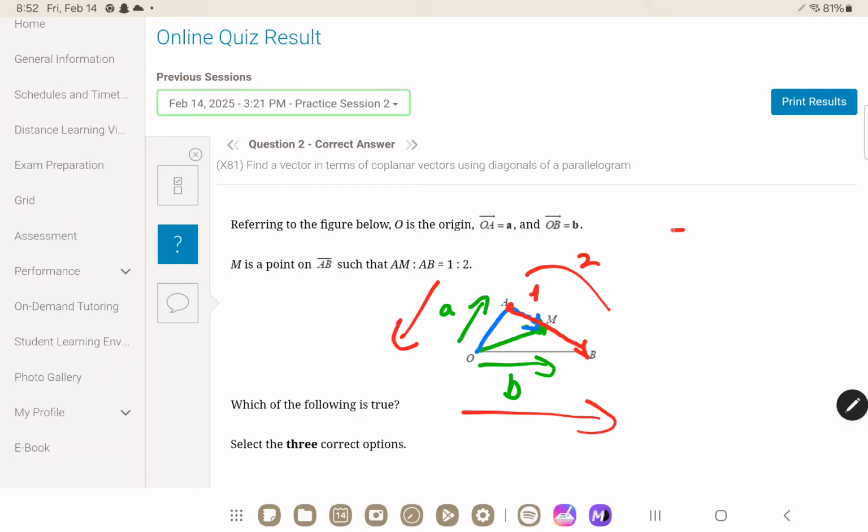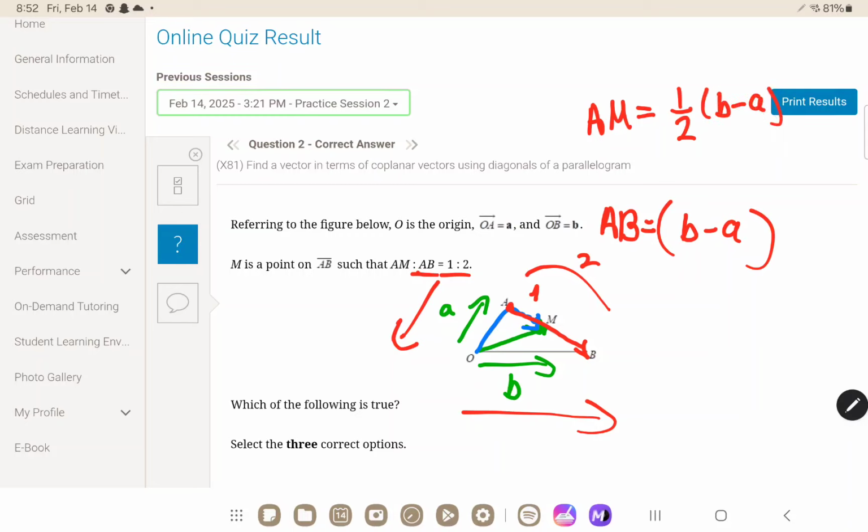You're going the opposite way, so it's negative A plus, B is going in the same direction, plus B. That's how you find AB. You could rewrite it as B minus A. Now, we know that AM is in a ratio of 1:2, so it's half of AB. So AM equals half of B minus A.